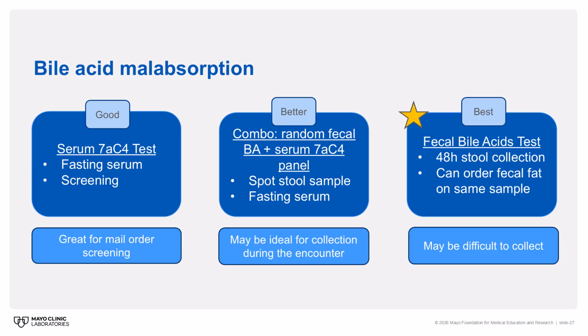On the right side is the standard fecal bile acid test requiring that 48-hour stool collection. This, again, is ideal when ordering other tests on a stool sample, such as the fecal fat on the same sample, but it may be difficult for the patient to perform the collection and may be unpalatable for them.